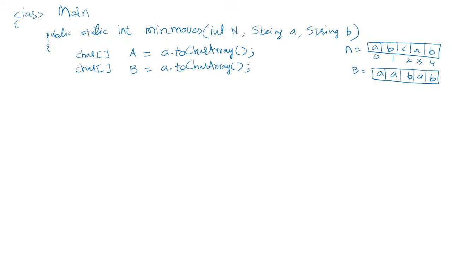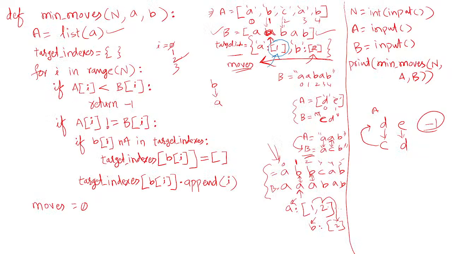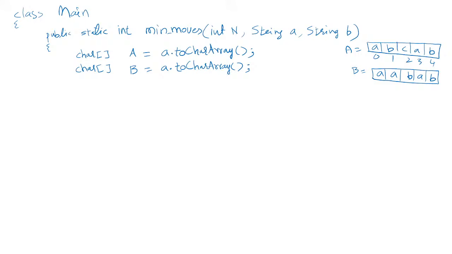So we have stored their indexes. If you remember this code here, we declared a dictionary for storing the characters of b which need to be replaced with these characters in a. That dictionary we will define here.